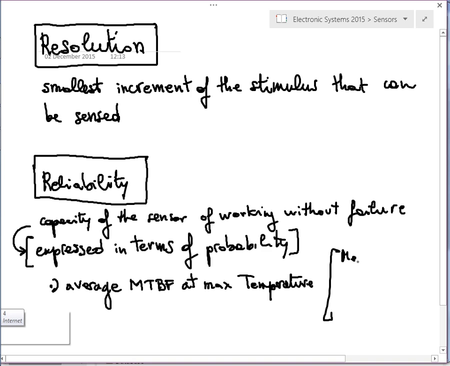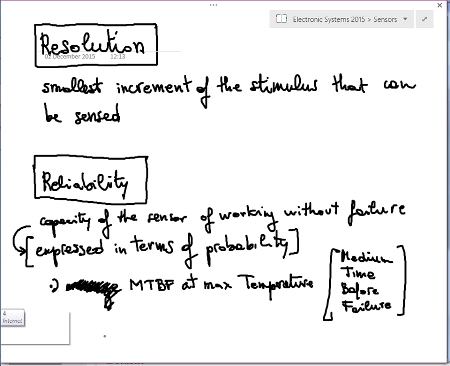This MTBF is mean time before failure. So the average is already in the acronym. The mean time before failure is something that is obtained statistically from a large ensemble of sensors.